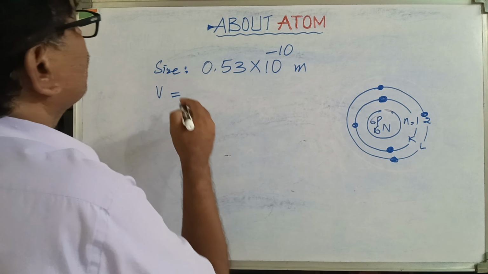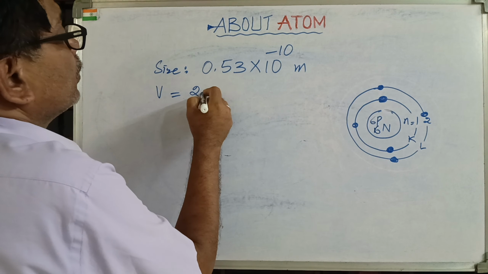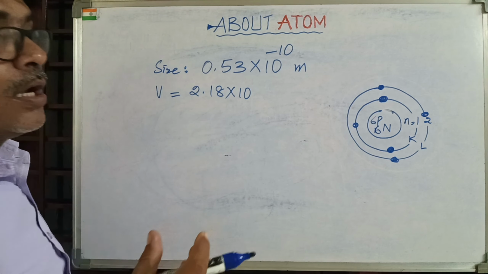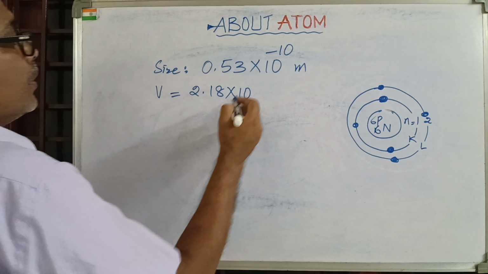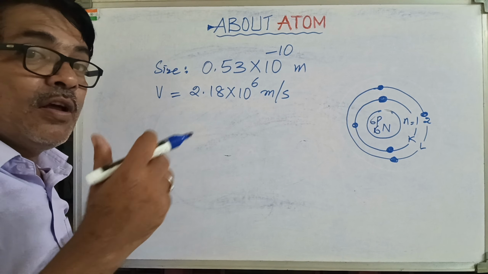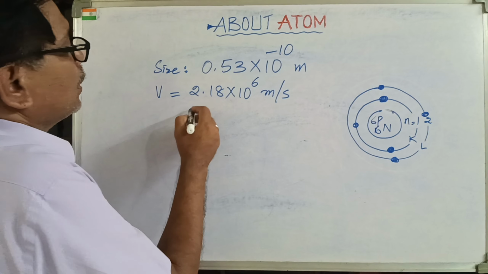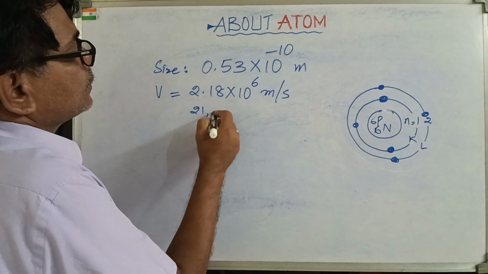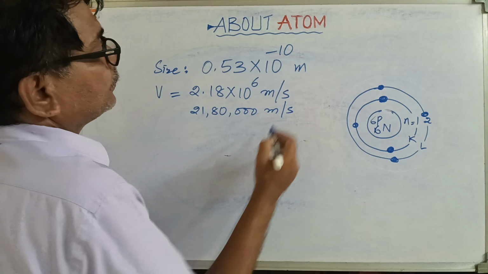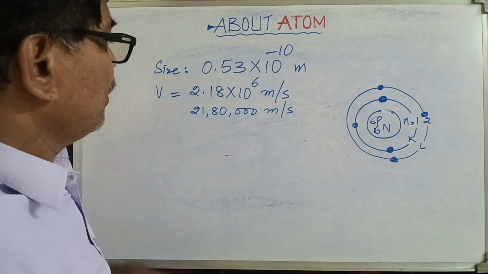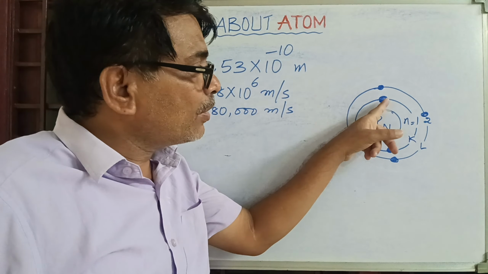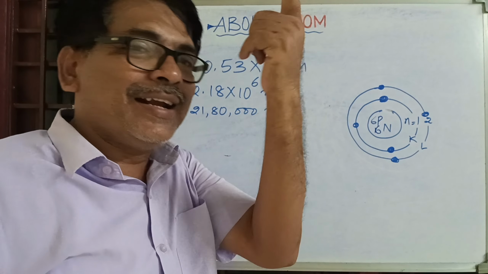The velocity of the electron is 2.18 into 10 to the power of 6 meters per second. This is the velocity of the electron, around 21 lakh 80 thousand meters per second. Imagine, an electron can revolve around the nucleus about 21 lakh 80 thousand times within a second.